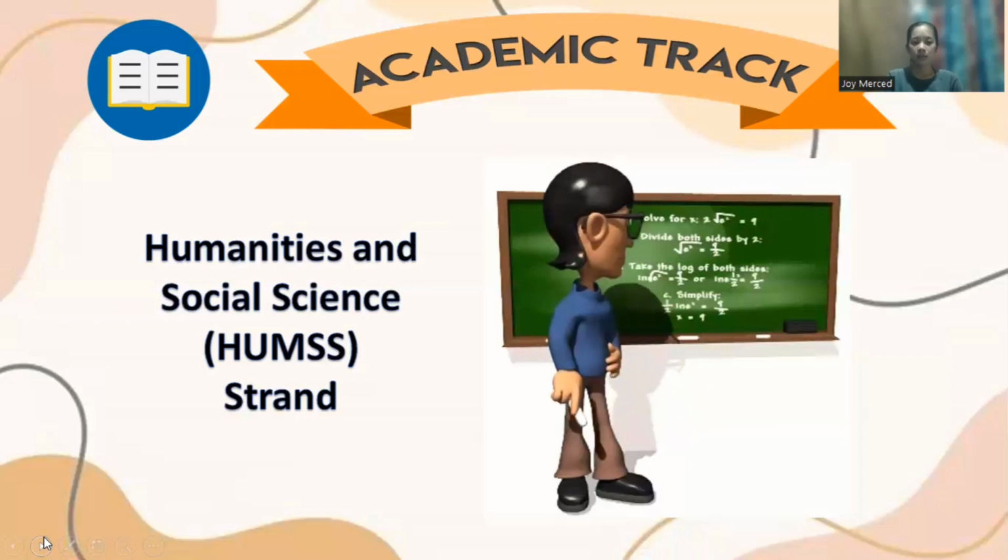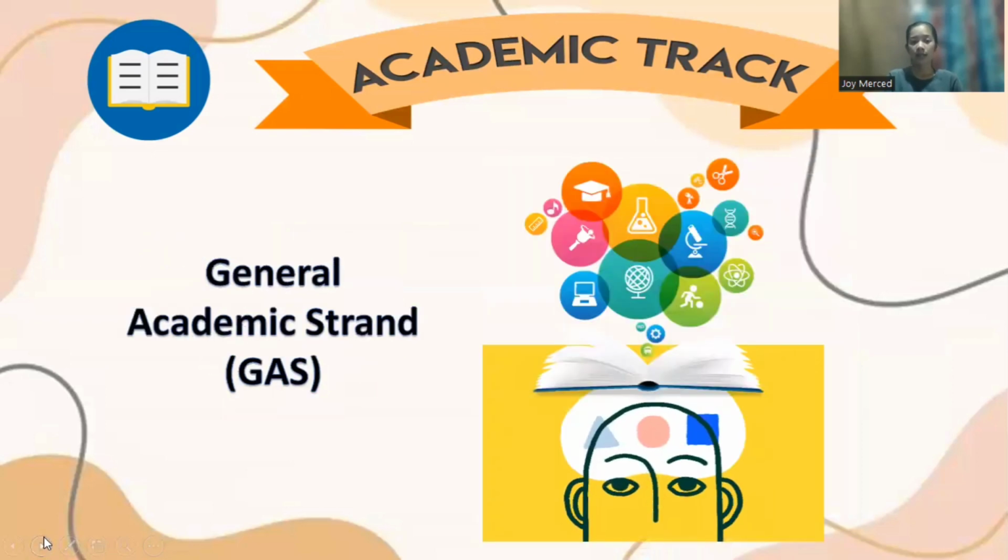Then the last strand, which is the GAS, in the academic track, is the strand where subjects are selected from the different strands. This strand is ideal for senior high school students who have not yet decided on what particular specialization.